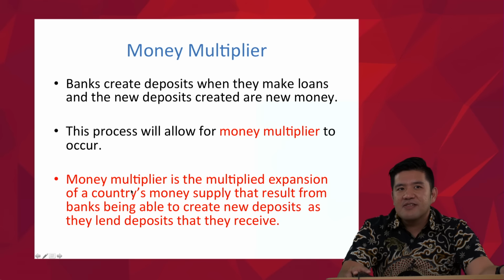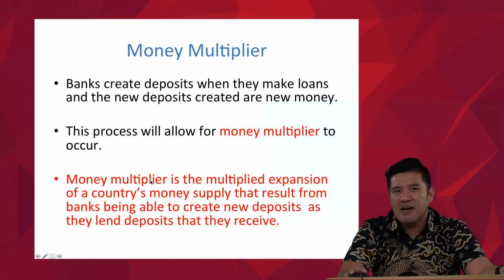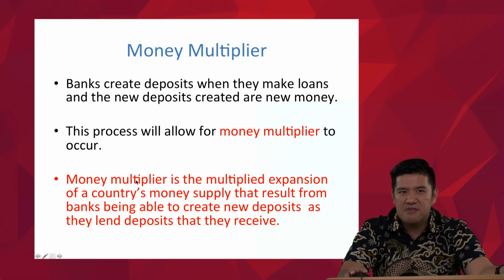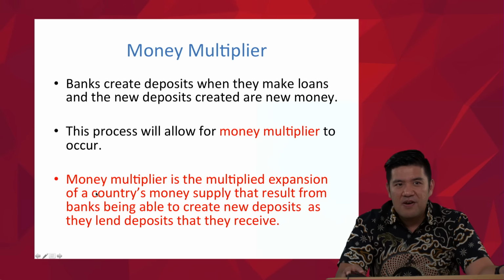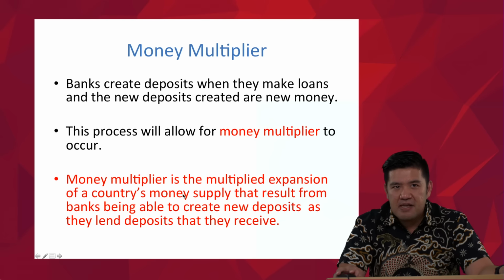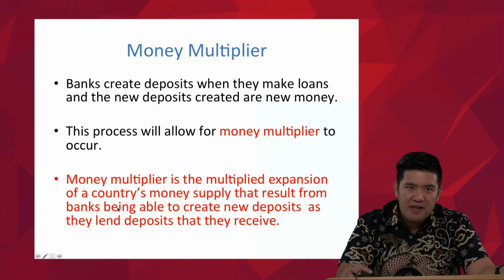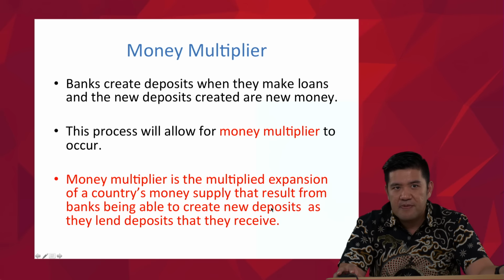My personal definition of money multiplier is this. Money multiplier is a process. Money multiplier is the multiplier expansion of a country's money supply that occurs from banks being able to create new deposits as they lend the deposits that they receive.